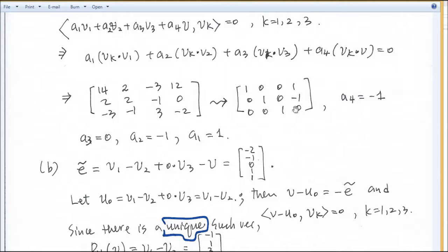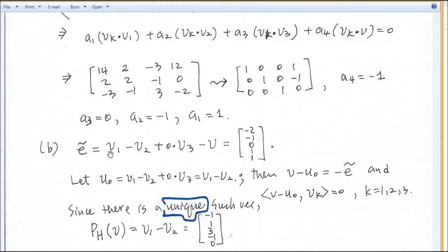All these coefficients going backward. You know, that's how you do row echelon form. So I got this: A1 was 1, A2 was -1, A3 was 0, and this one was set to -1. So altogether it was this vector: -2, -1, 0, and 1, 1.